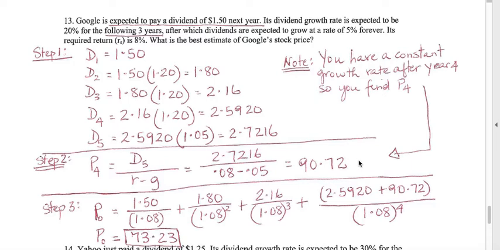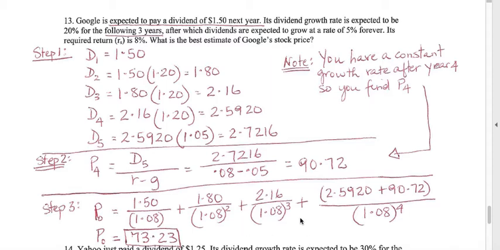In the third step, you find the price of the stock today, which is what you're asked. So you're discounting the future dividends back to the present. Take note, in this case, you have to discount $1.50, your D1. Why? Because it has not yet been paid. It's a future dividend, a future cash flow. So $1.50 divided by 1.08 in year 1, $1.80 in year 2 divided by 1.08 squared.